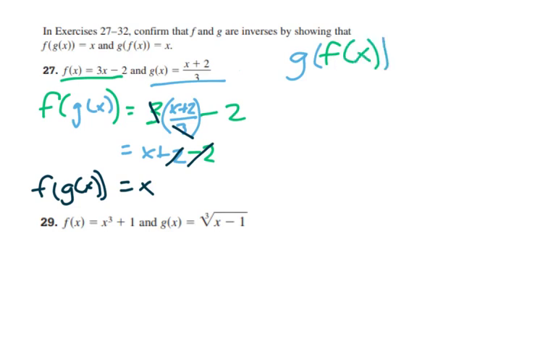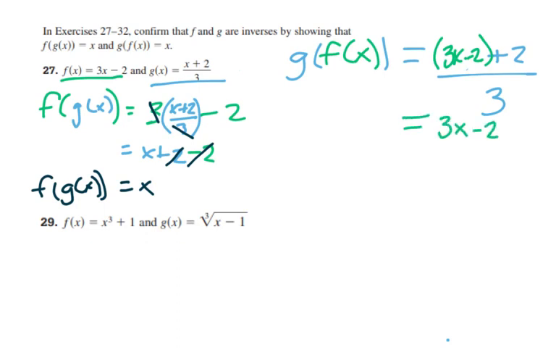So we're going to write g of x, since that's on the outer of solving this one. And so g of f of x is an x that we're adding 2 to and dividing by 3. And that x is going to become f of x, which is 3x minus 2. Since nothing's really happening with that set of parentheses, we can just rewrite the numerator as 3x minus 2 plus 2, and all of that divided by 3.